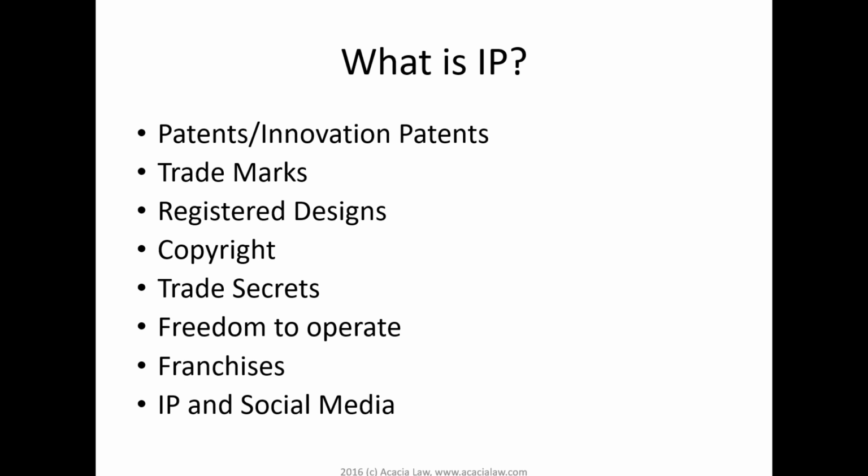Freedom to operate is not really a type of intellectual property, but it's a kind of search that you do to make sure you don't infringe somebody else. And then franchises, again, are related to intellectual property, but not an intellectual property in themselves. And then I throw in IP and social media because social media is a place where a lot of people can make intellectual property mistakes.